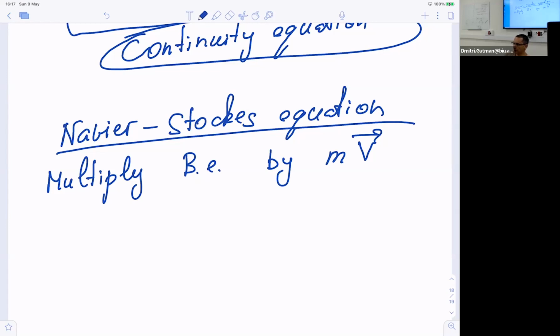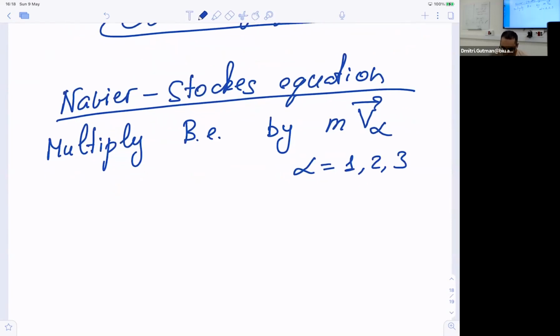Velocity is a vector, and being in 3-dimensional space, it means that these are actually 3 scalar equations. So let us look at some component of this equation. Let's multiply by m v alpha, where alpha is one of the labels x, y, or z, depending on what component we choose to study.